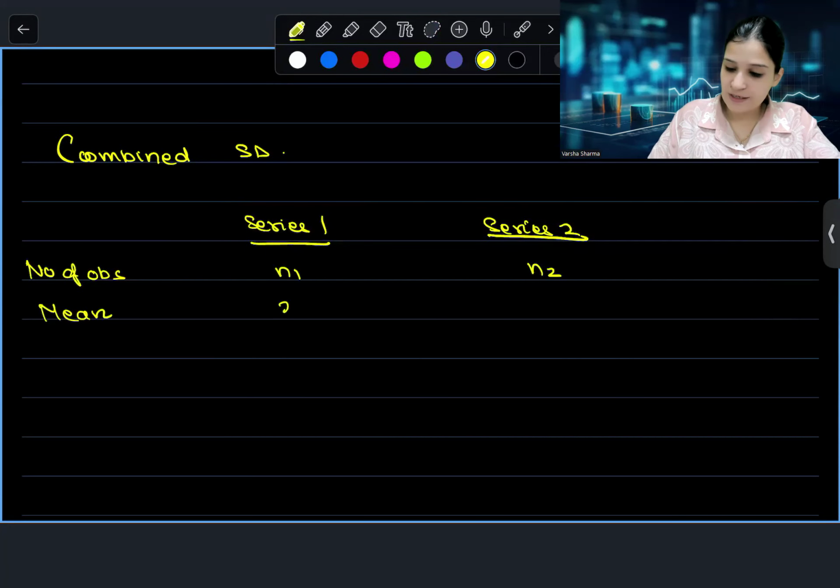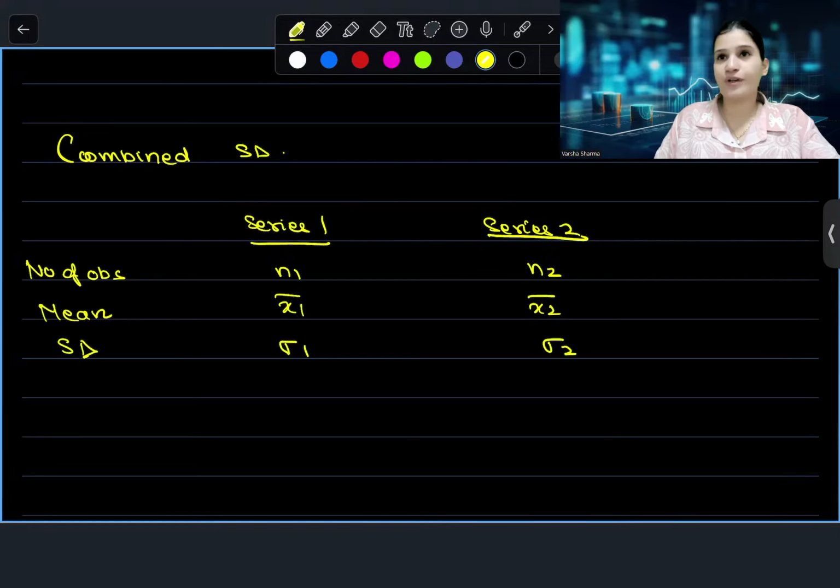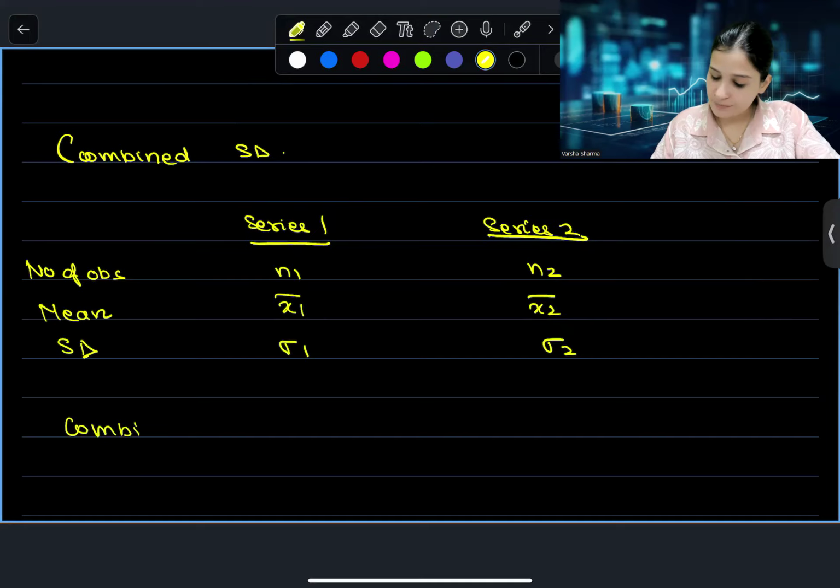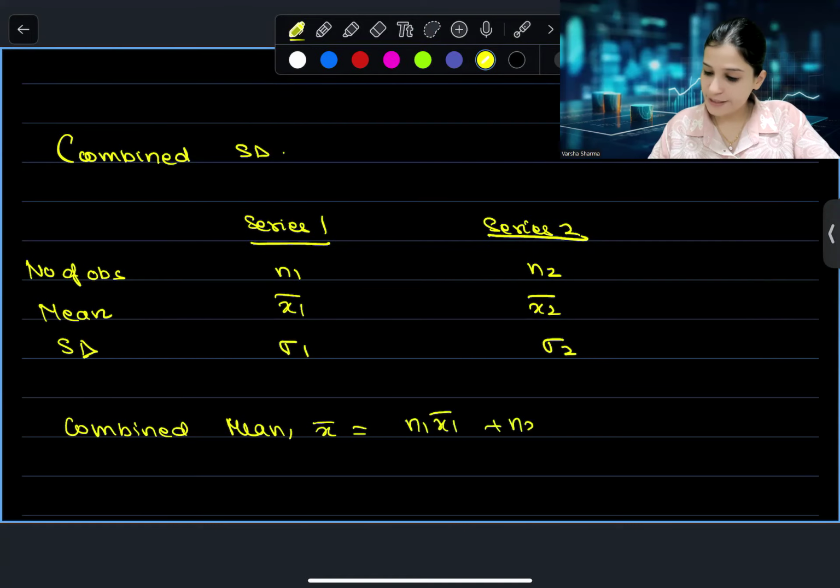Mean X1 bar, X2 bar. Standard deviation, this is sigma 1, this is sigma 2, or S1 or S2. We first find out combined mean. Formula: N1 X1 bar plus N2 X2 bar by N1 plus N2.